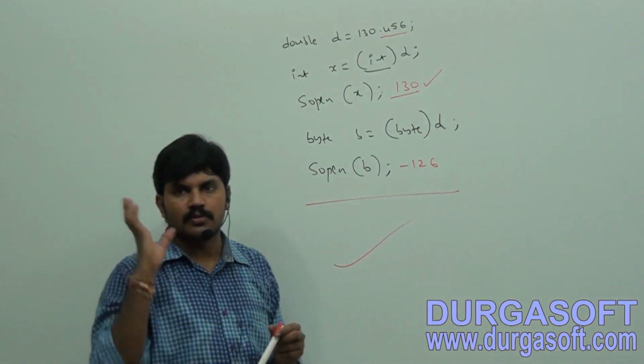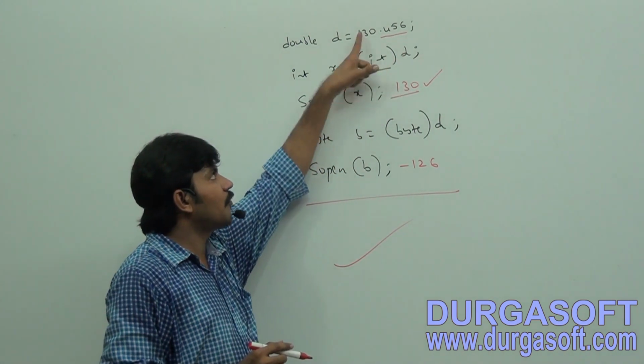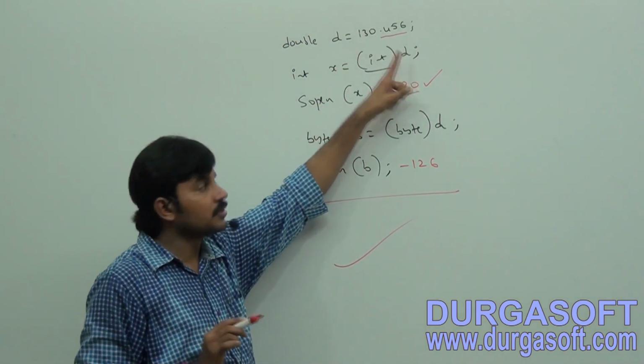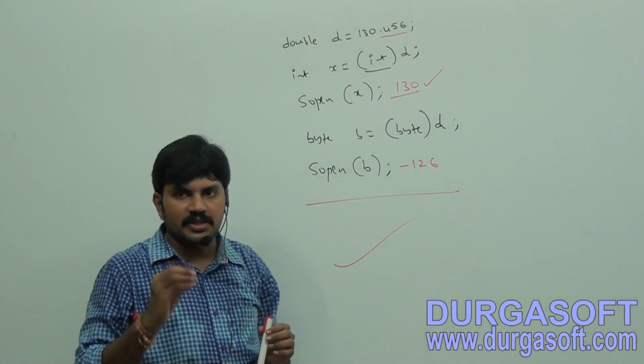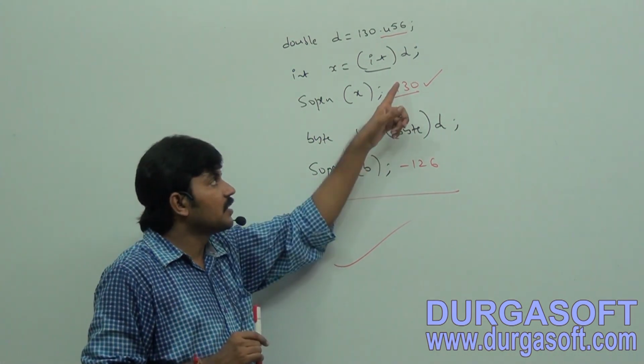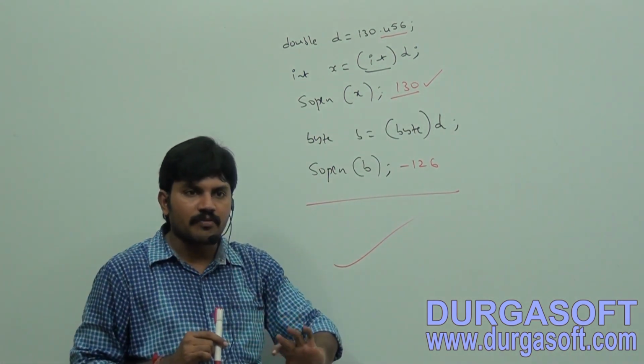Okay, this is the simple conclusion. If we assign floating point data type values to the integral types by explicit typecasting, the digits after the decimal point by default will be gone.